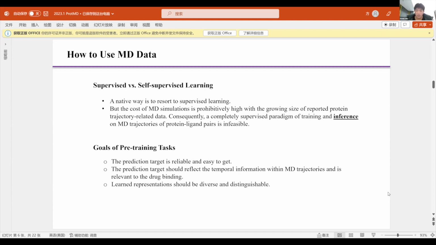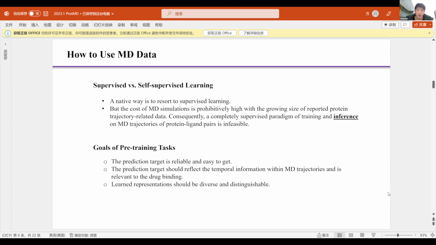In other words, you can train your model on the MD simulation trajectories, but when a new sample comes, how can you deal with this new sample? You have to run the MD simulations of the new sample, right? So this is infeasible. When a new sample comes, you should always run this, and it is costly.